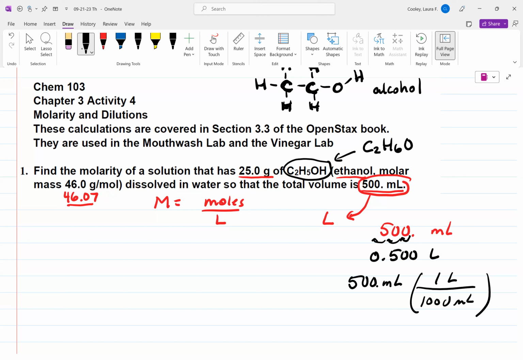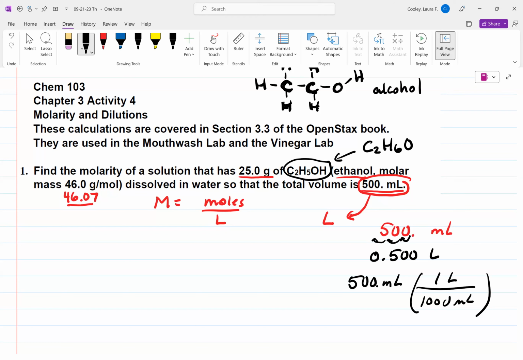Go with the gram to mole conversion. C2H5OH: add up 5 plus 1, that would be 6.